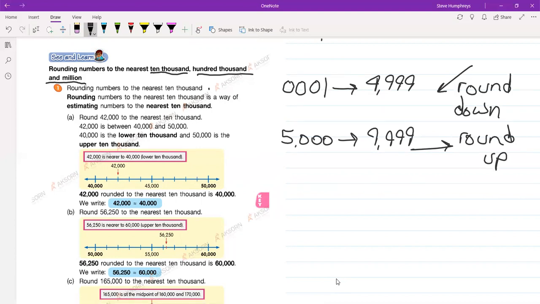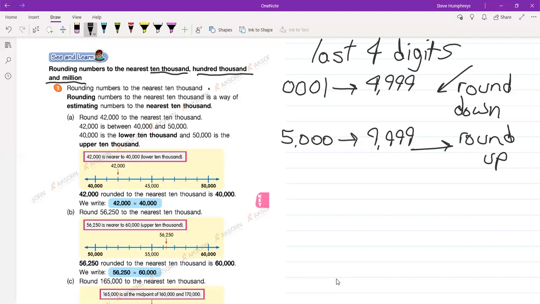Okay, so last 4 digits. It's getting more complicated, but okay. Last 4 digits, okay? More complicated, you have to think more, and take your time. It's the same principle as before.